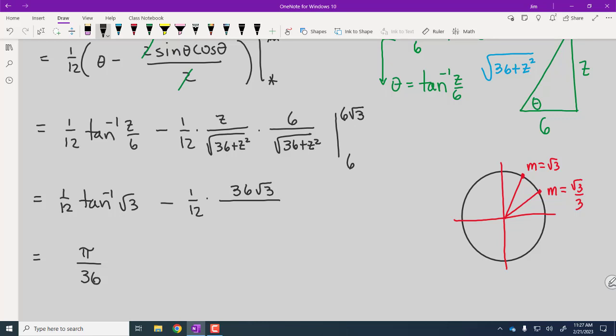So we have 36 plus z squared. And that squared is 36 times 3. Everyone follow that? If we square that, we square the 6 and get 36. We square the root 3 and get 3.